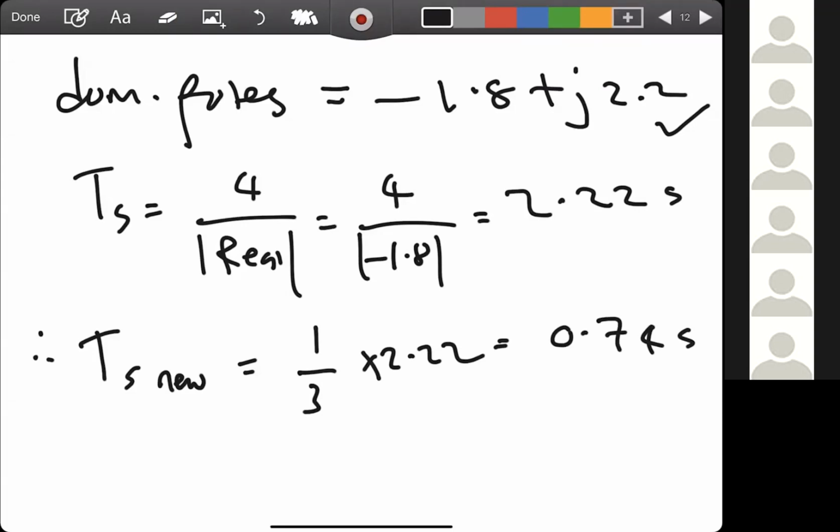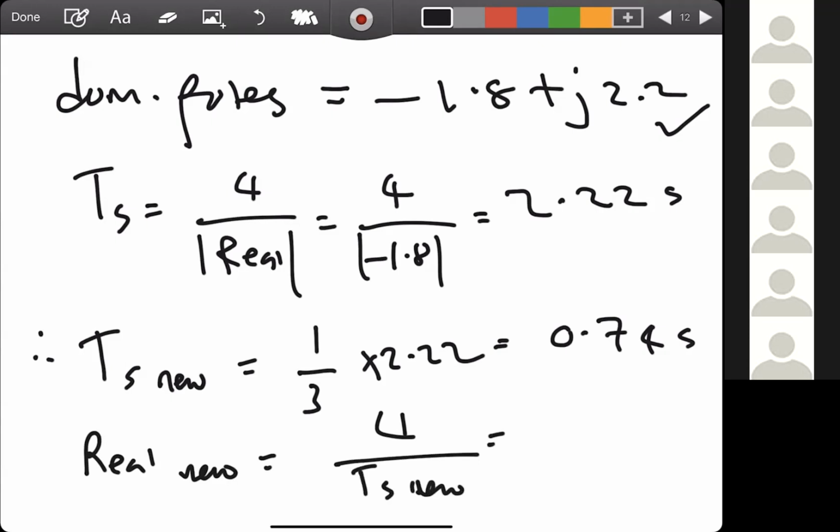Then what is the new real part? The new real part is 4 divided by 0.74, which is 5.41.